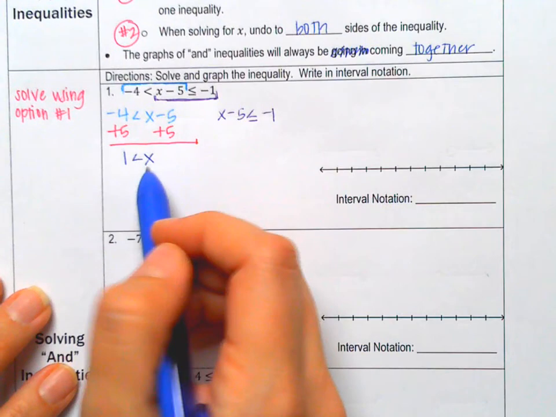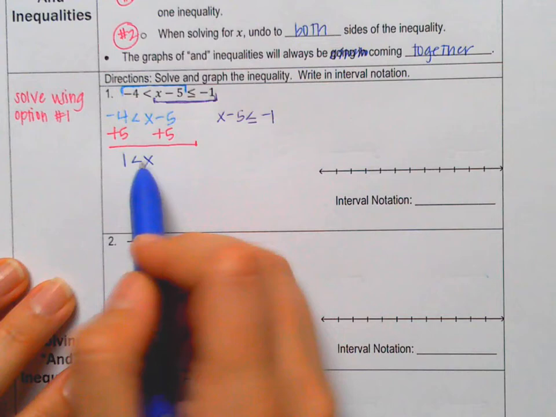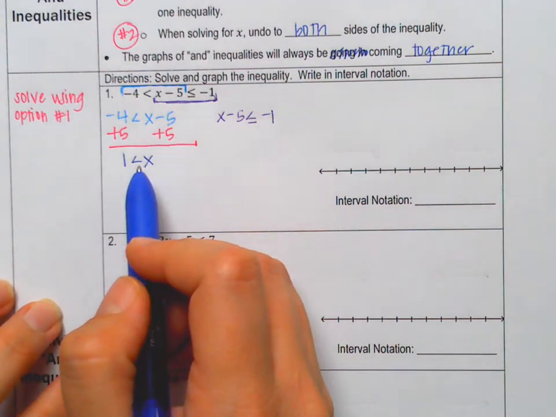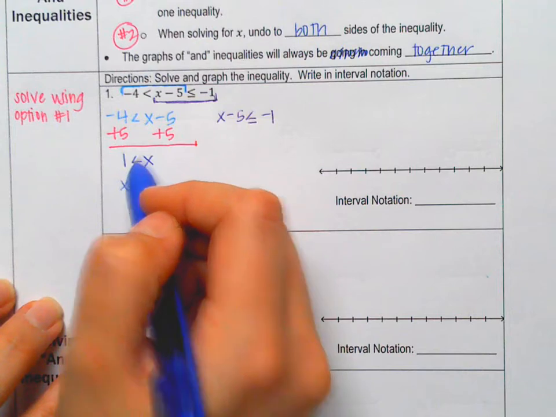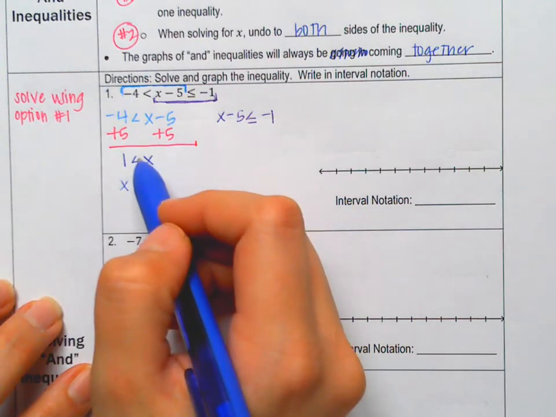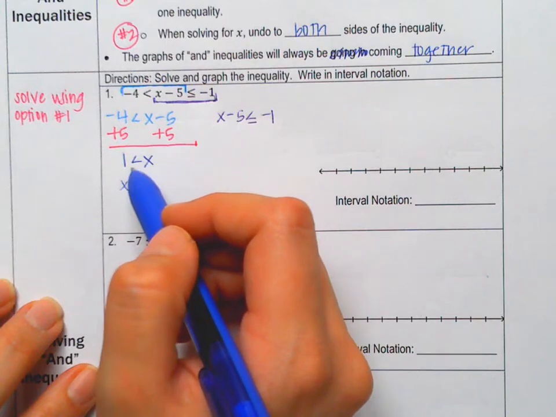Now remember, from the beginning, when we talk about inequalities, you always want to write it as the variable, then the inequality symbol, and then the number. So I'm going to rewrite this, but I'm going to be careful. I'm going to write the variable first. I'm going to look at what direction the inequality symbol is facing. Is it facing towards the x or away from the x?